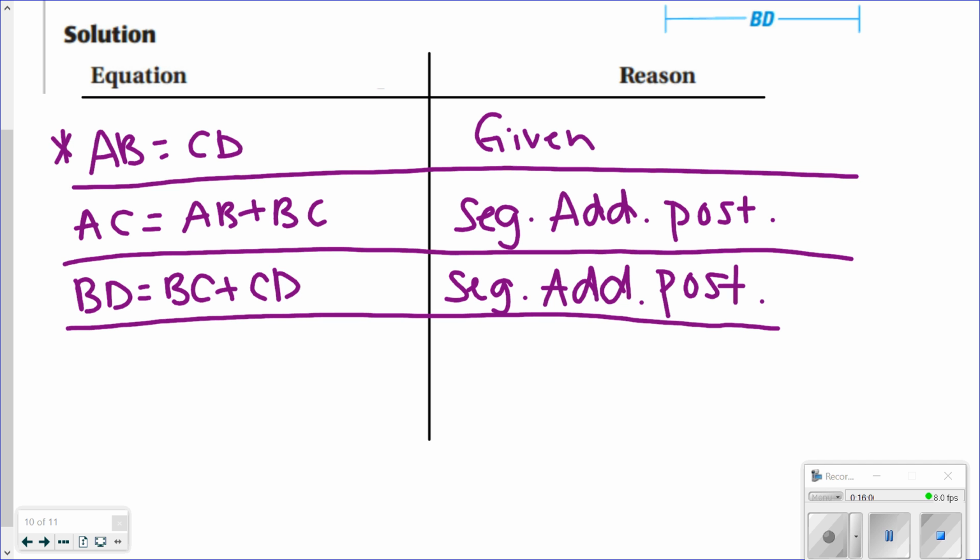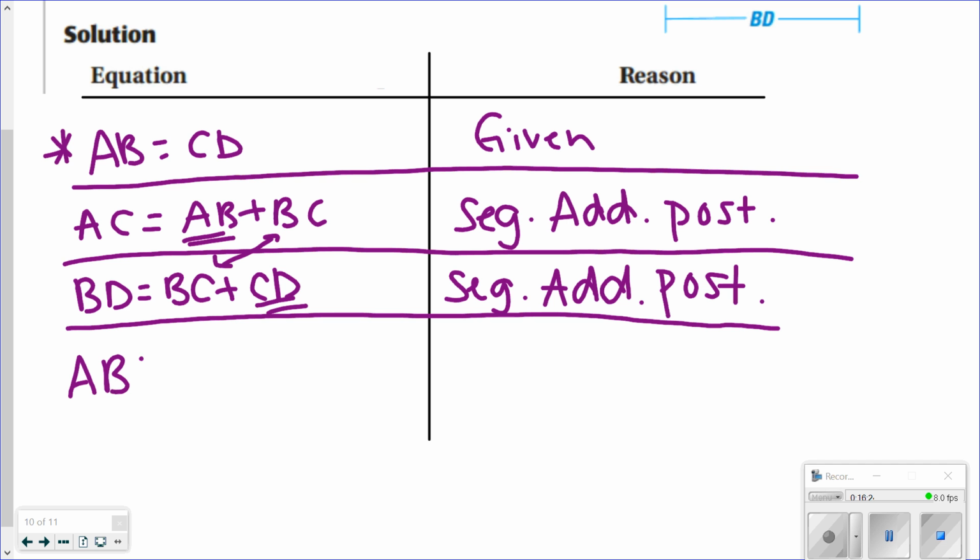But let's go back to our original statement. AB is equal to CD. And let's look at steps 2 and 3. They also have BC in them. So I'm going to write these two equations equal to each other.